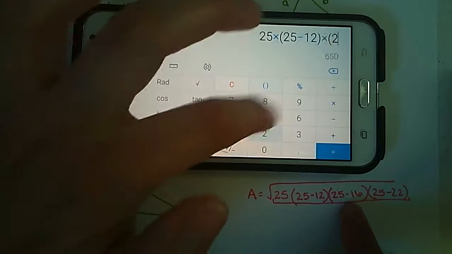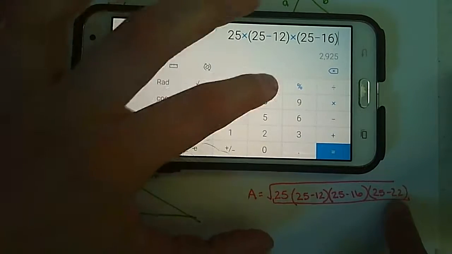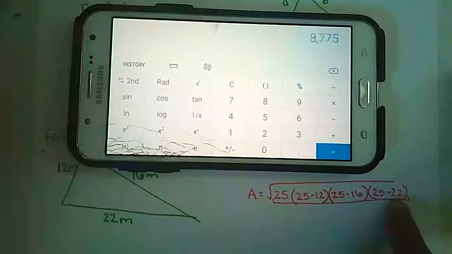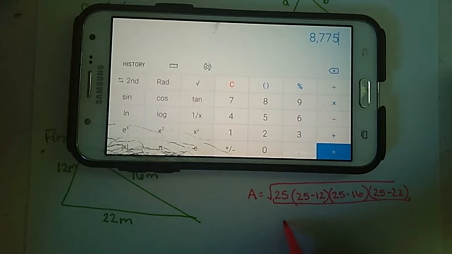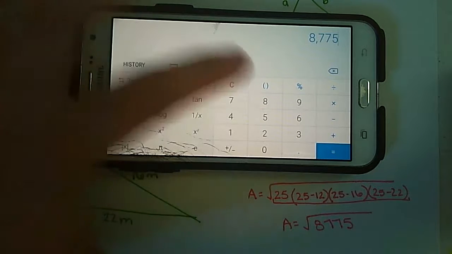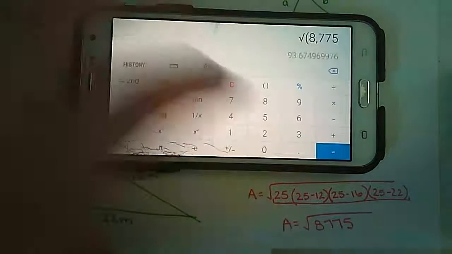Times 25 minus 16 times 25 minus 22. And I get 8,775. And now I'll take the square root of it all. So square root of 8,775.